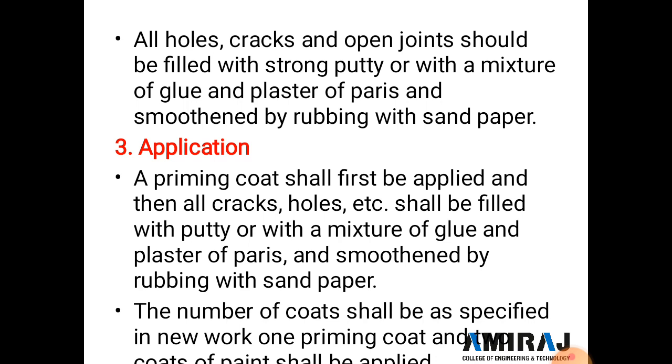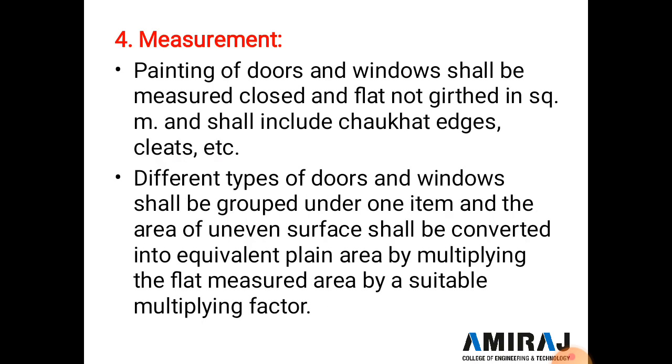The prime coating shall be applied first, and all the cracks, holes, etc. shall be filled with putty, or with glue and plaster of Paris, and smoothened by rubbing with sandpaper. The number of coats shall be specified in new work: one prime coating, and a second coat of the paint shall be applied.